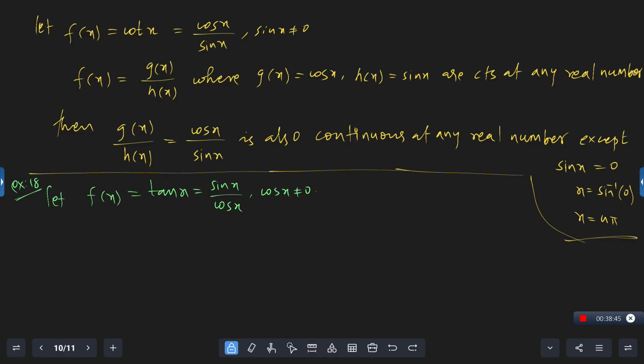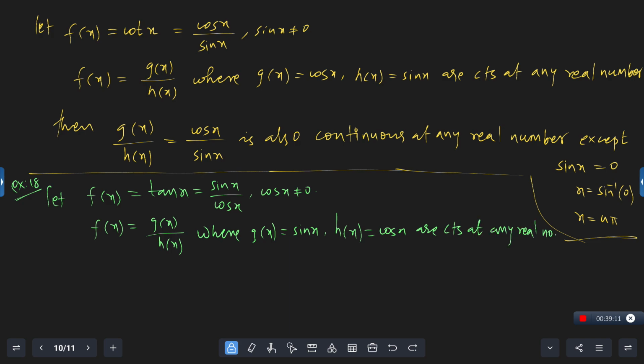We assume f of x is equal to g of x divided by h of x, where g of x is sin x and h of x is cos x, continuous at any real number.